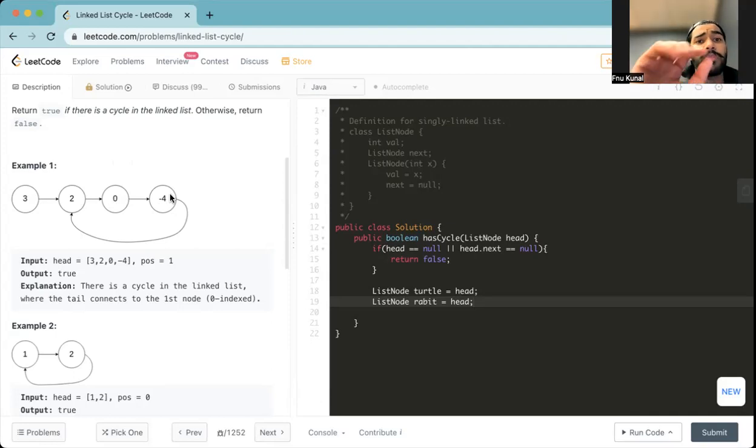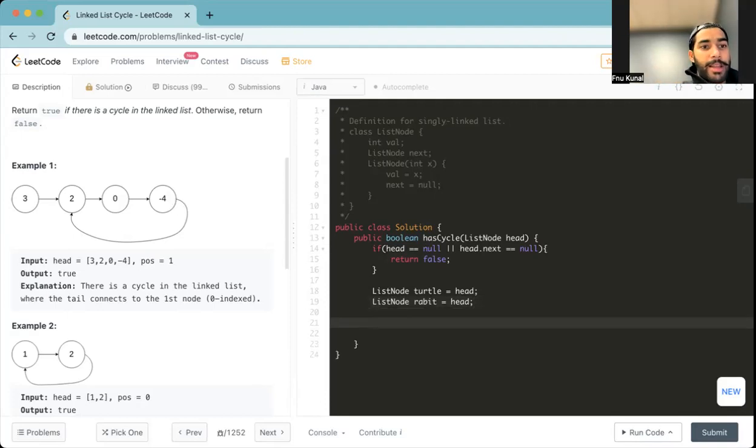Basically, they are running a race on the same ground, and they are supposed to meet, because the rabbit is running fast and coming over and over to the same ground. If the ground is circular, the turtle keeps seeing the rabbit over and over, which means the rabbit is just circling in the ground. That's how we are going to determine the cycle of the linked list.